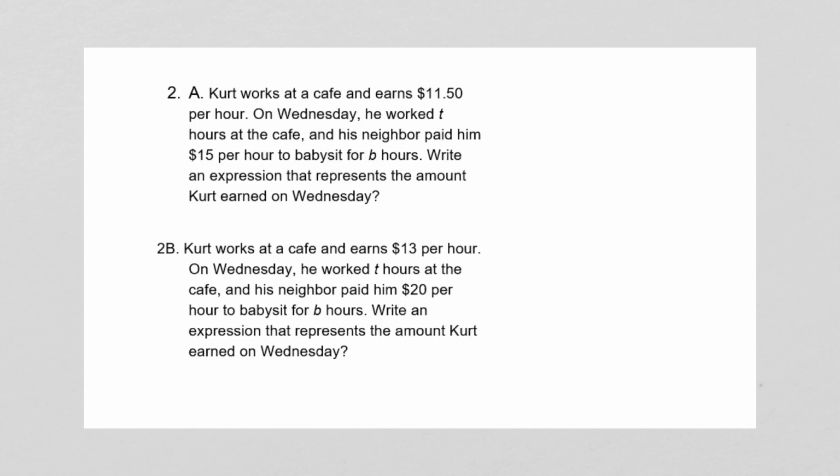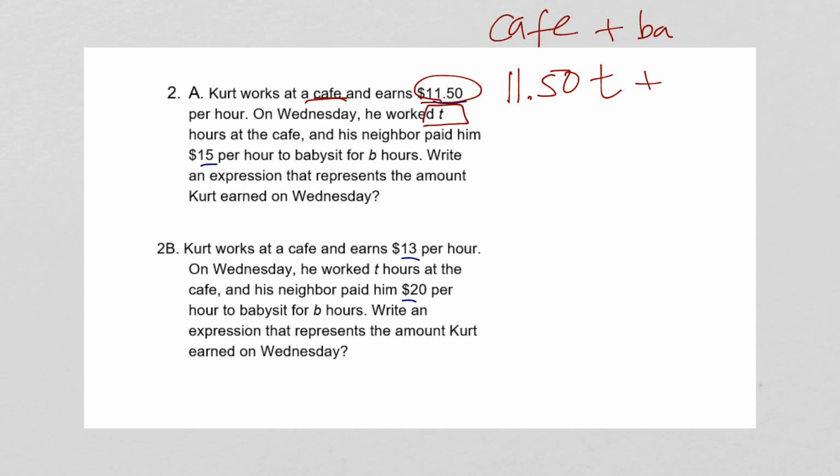Number 2, this question, 2a and 2b. This question is identical, except I just changed some of the numbers. If you read the problem, it's going to tell you that Kurt gets $11.50 per hour at the cafe, and he works T hours at the cafe, so that means $11.50T, plus what he makes babysitting.